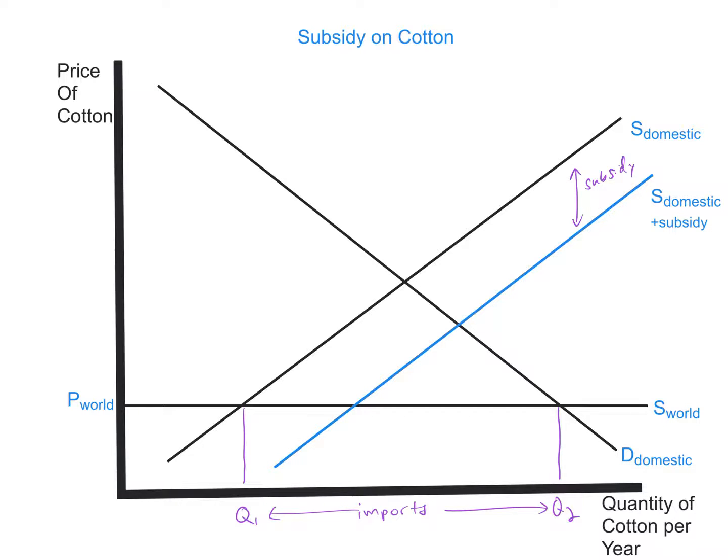Here we can see there's now a new intersection point. We said over here that the domestic supply where it meets P world is what the domestic producer is going to make. Now, at P world, because the supply curve is shifted over, this is now the supply curve domestic plus subsidy, and we have a new intersection. This is what they're willing to make at that price.